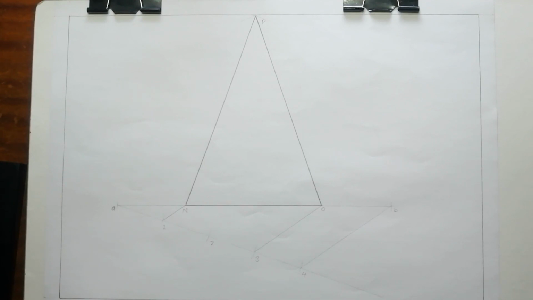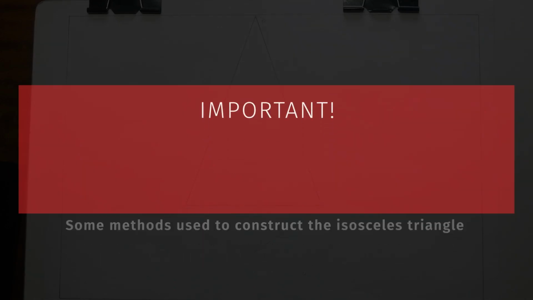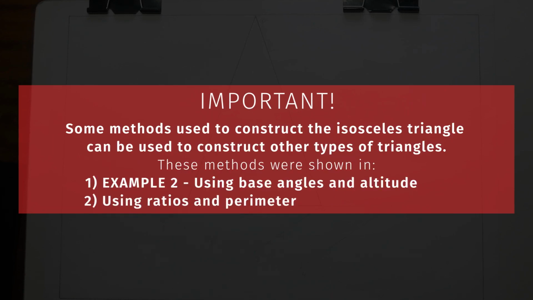So we've looked at the isosceles triangle and many methods in which we can make an isosceles triangle. These methods that we've looked at are not only for the isosceles triangle. They can be applied to any type of triangle depending on how the question is brought.